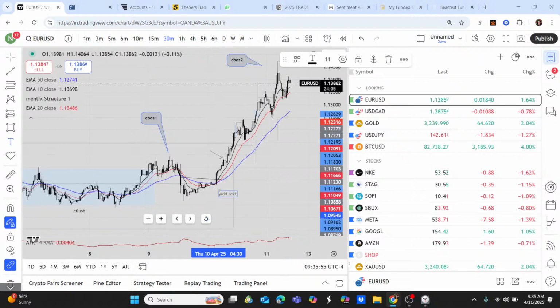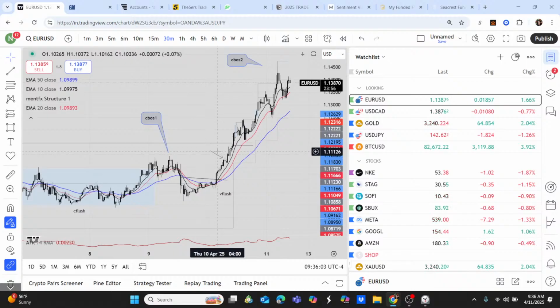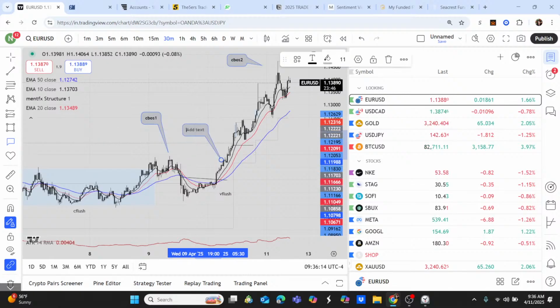So we just bring this out. We have the flush where price is coming out of all the MAs. I did this right here yesterday. This is the first fractal breaker structure.